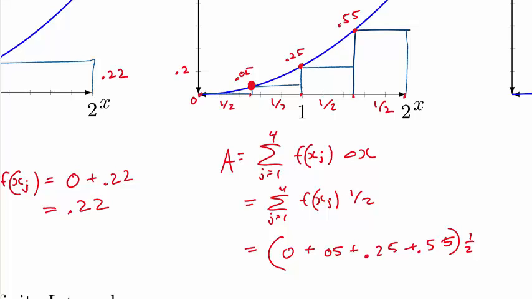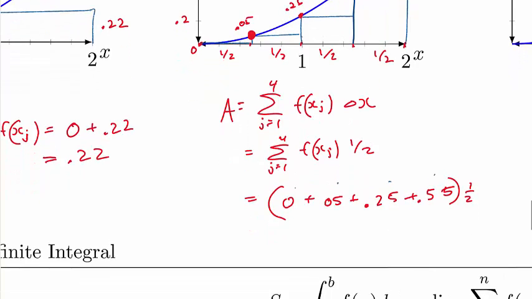So note 1, 2, 3, 4, matching the 4 right there. All right. And so let's go ahead and add these up, multiply by 1/2. And so we get 0.85 divided by 2, and there you go. There is your answer.